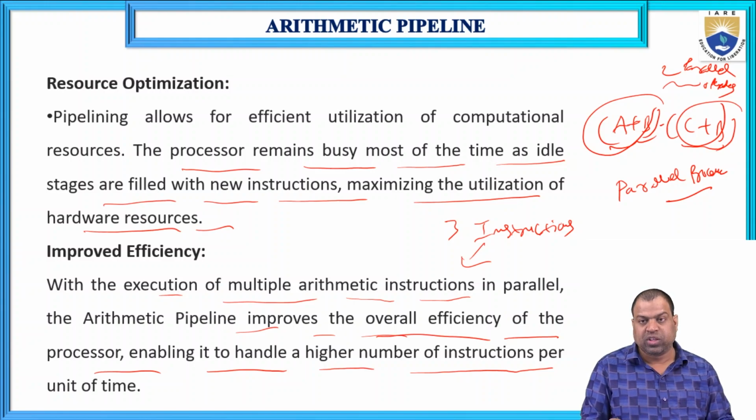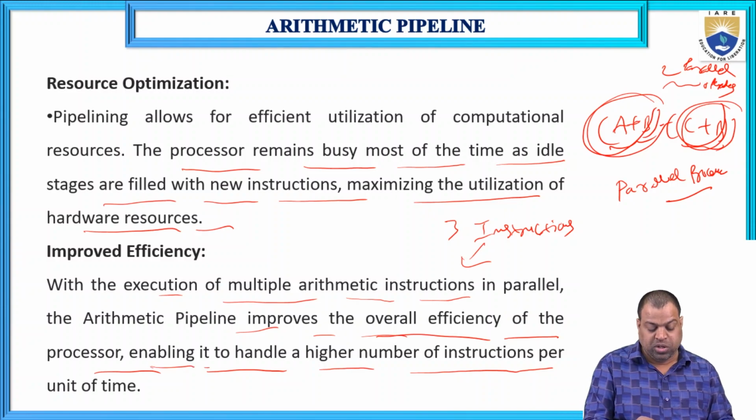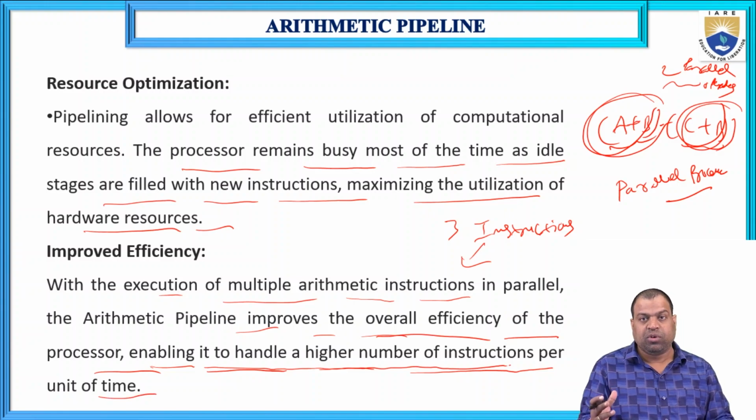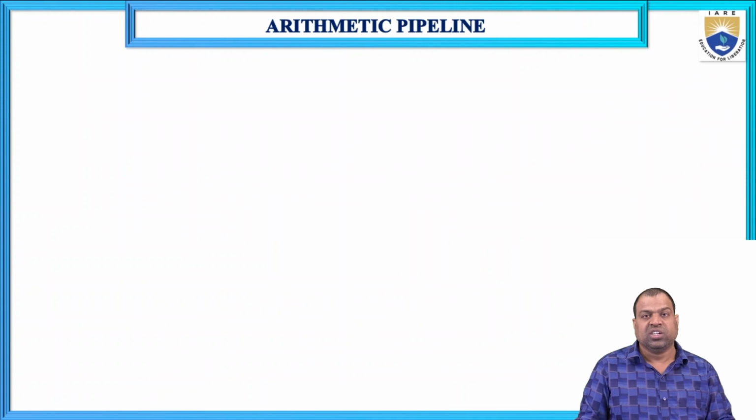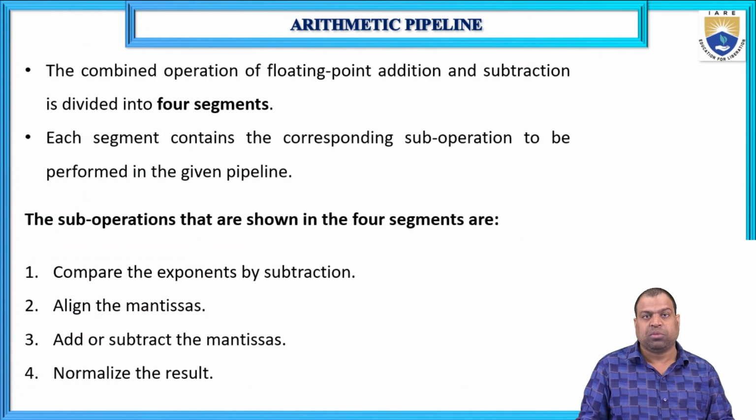Then we are improving the efficiency and enabling it to handle a higher number of instructions per unit time. When parallel processing is going on, multiple instructions are overlapped. In a given particular time, more instructions are executed with parallel processing. Okay, that is improved efficiency. So these are the advantages of the arithmetic pipeline.